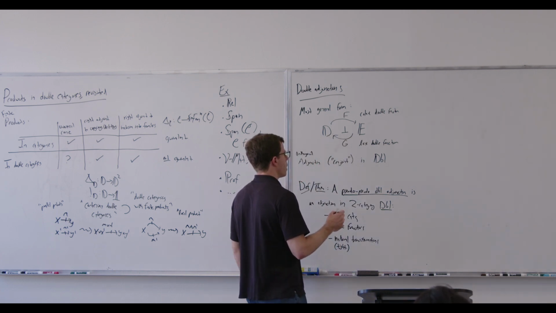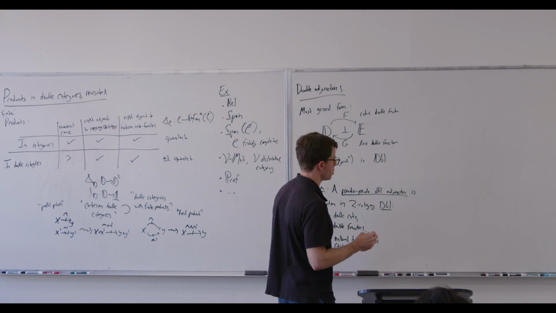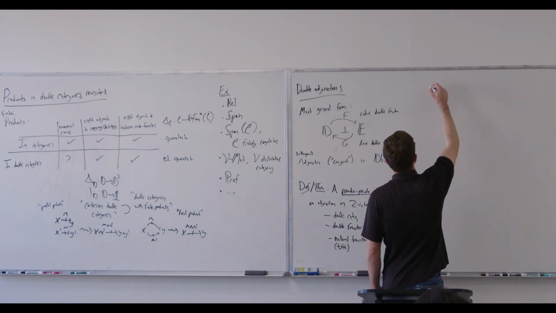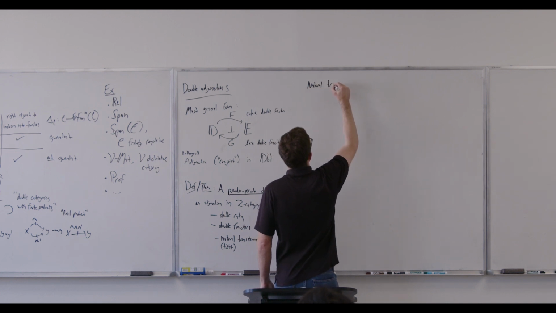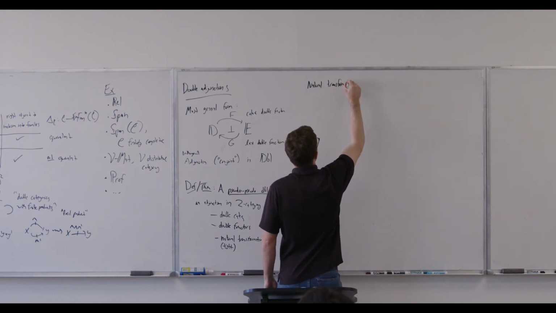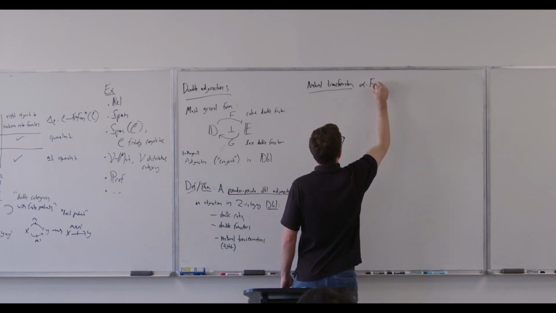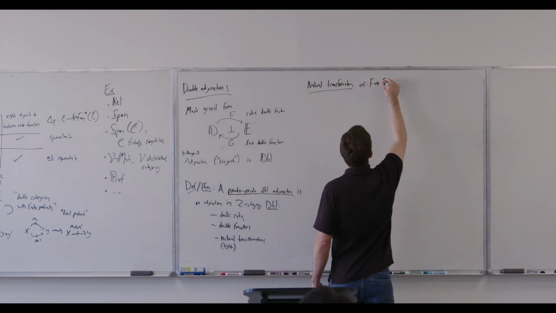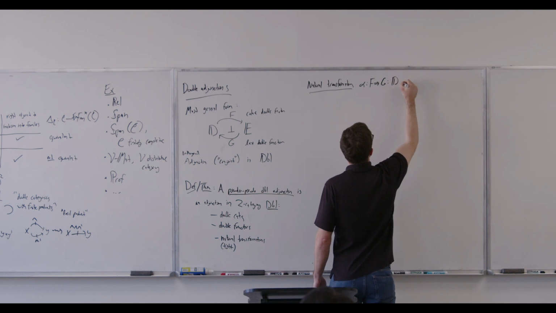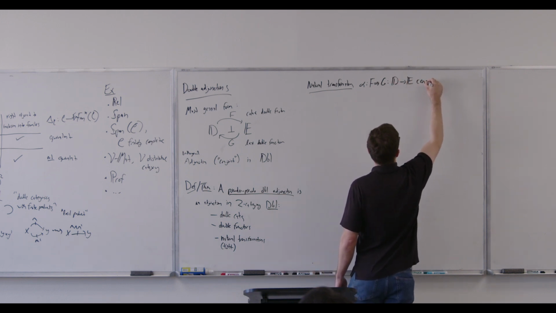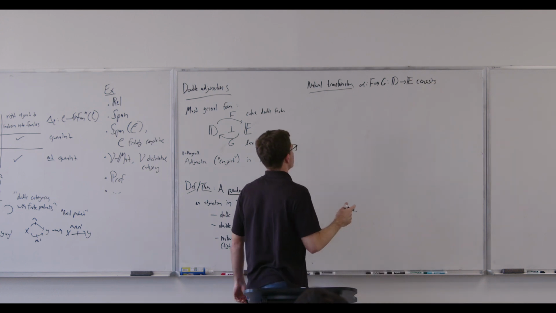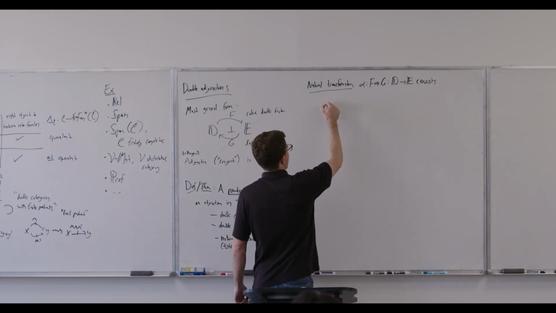So let me just say what the shape of the cells look like to orient what this is. A natural transformation between double functors f and g, I'll just tell you what its data is and then say in words what the axioms are.